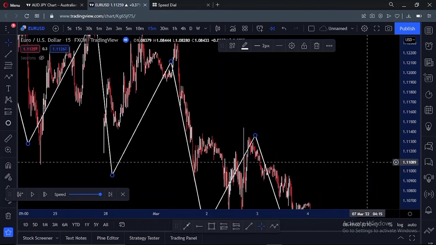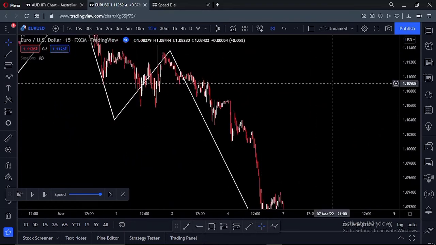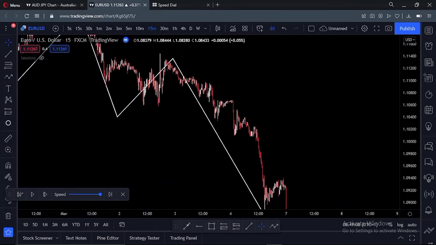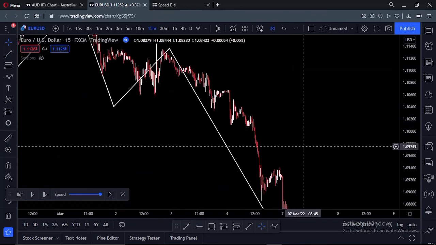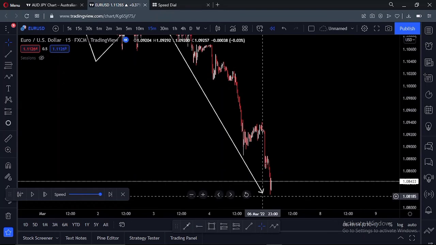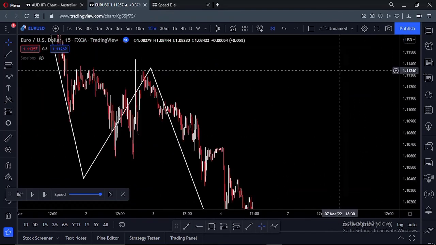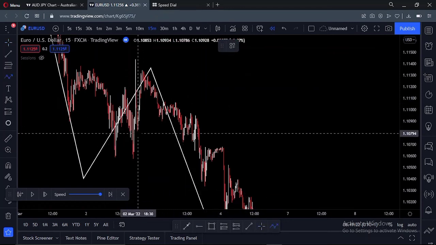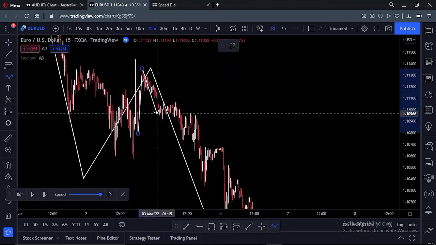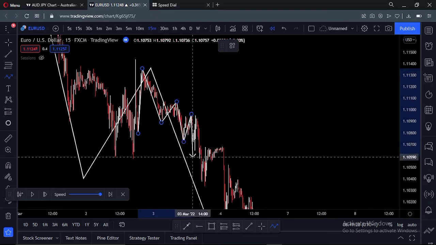Now we can say that we had this swing point on the 4-hour time frame, on the higher time frame, just that swing point from here to here. But coming to the 15-minute time frame, see that price was creating its own internal structural points.